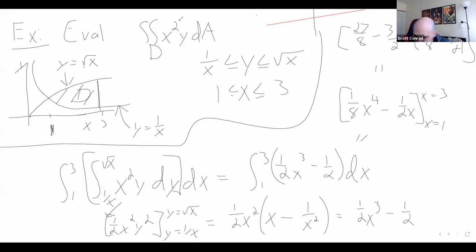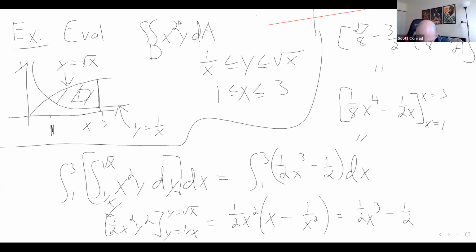And so we get 27 over 8 minus 1/8. Should get a round number, right? Professor, isn't it 3 to the 4, not x cubed on that?